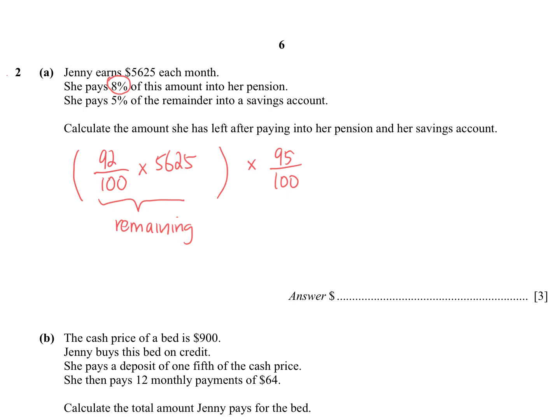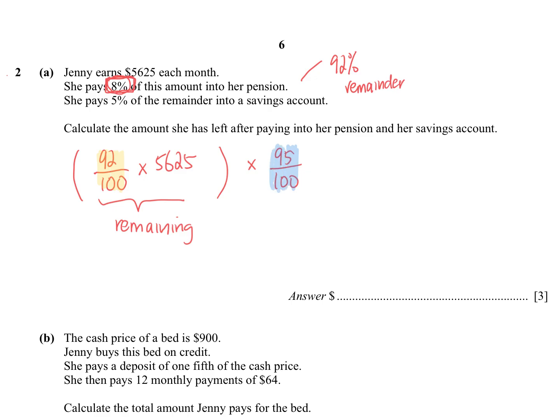So I repeat one more time. After putting 8% in the pension, I have 92% remainder. So that's why I'm finding 92% first. Okay, next is after I found my remainder, 5% of this remainder will be placed in the savings account. So 95% will be left. So that's why I'm finding 95% here.